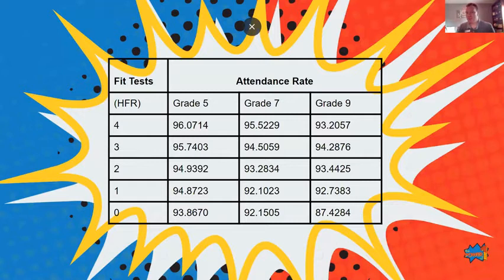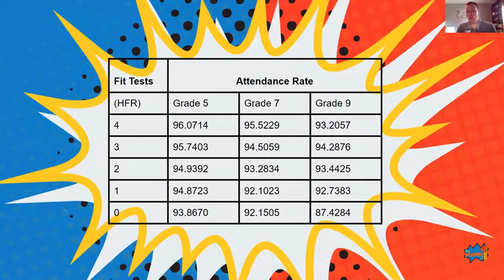Here is some SPS research or data, and I'll have to explain this a little bit. So the column on the left where it says fit test, your elementary, middle, and high school PE teachers all give 4 fitness assessments. We report these to the state at 5th, 7th, and 9th grade.